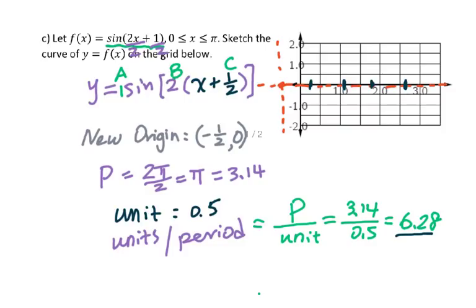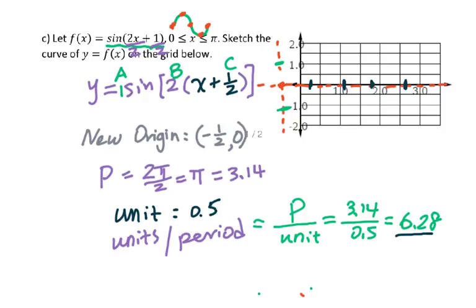And then A is 1. So go up 1, down 1. Then check the pattern. This is a sine function, positive sine function. So your graph is like this. Then we will find those 5 key points. 1, 2, 3, 4, 5.